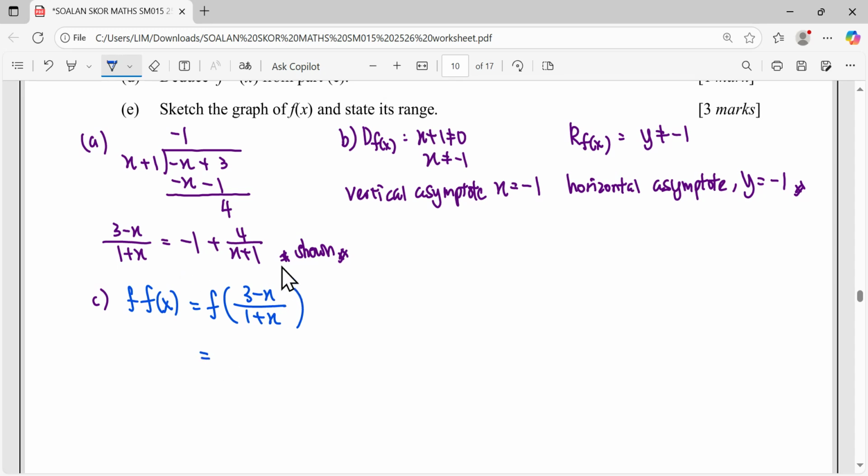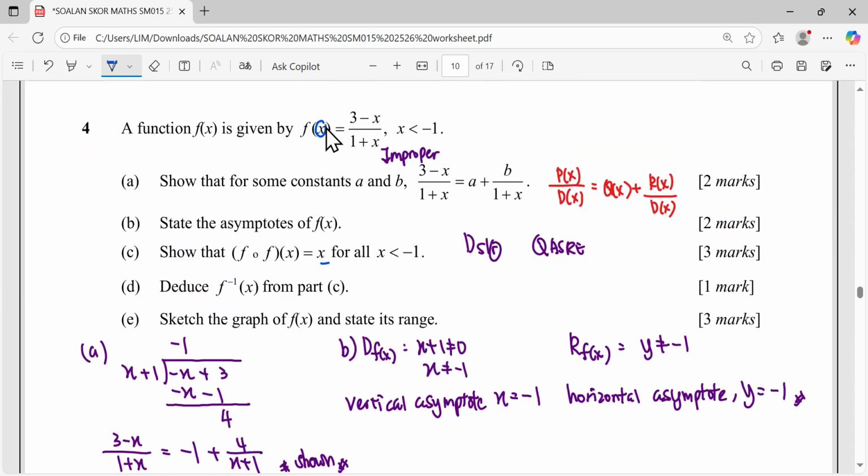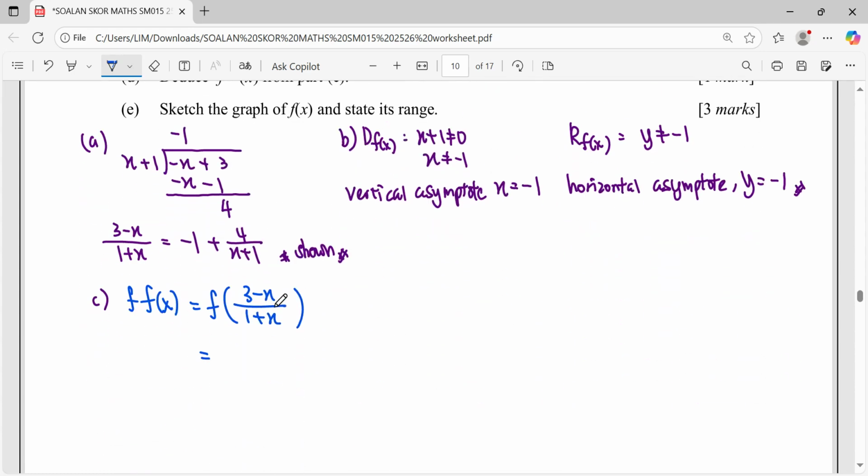Then we substitute again into your function. The x in your function will be substituted by this fraction: 3 minus something over 1 plus something. So substitute in.